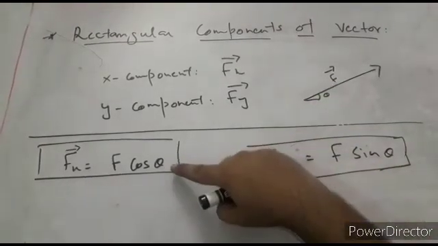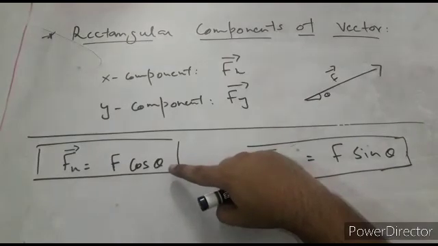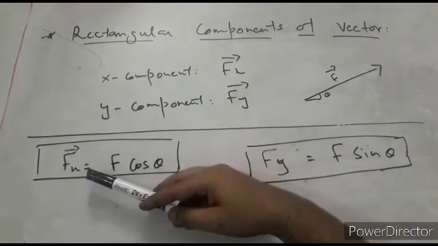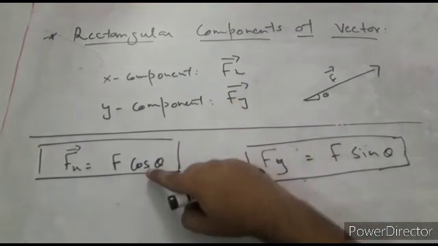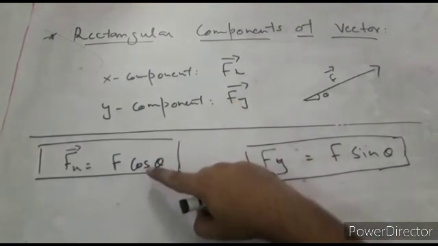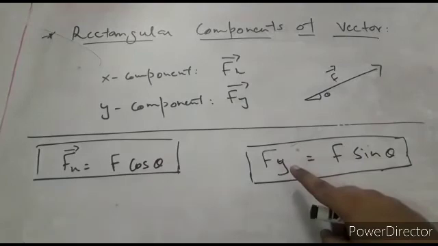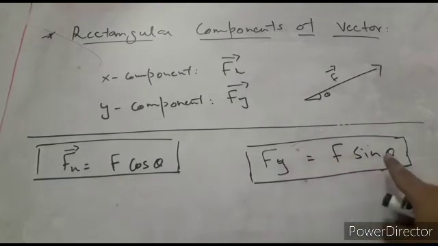This will be the formula for the x component. Fx will be equal to F cos theta. This cos is basically cosine, a trigonometric ratio. We can solve this with a calculator. And Fy, the vertical component, will be equal to F sine theta.